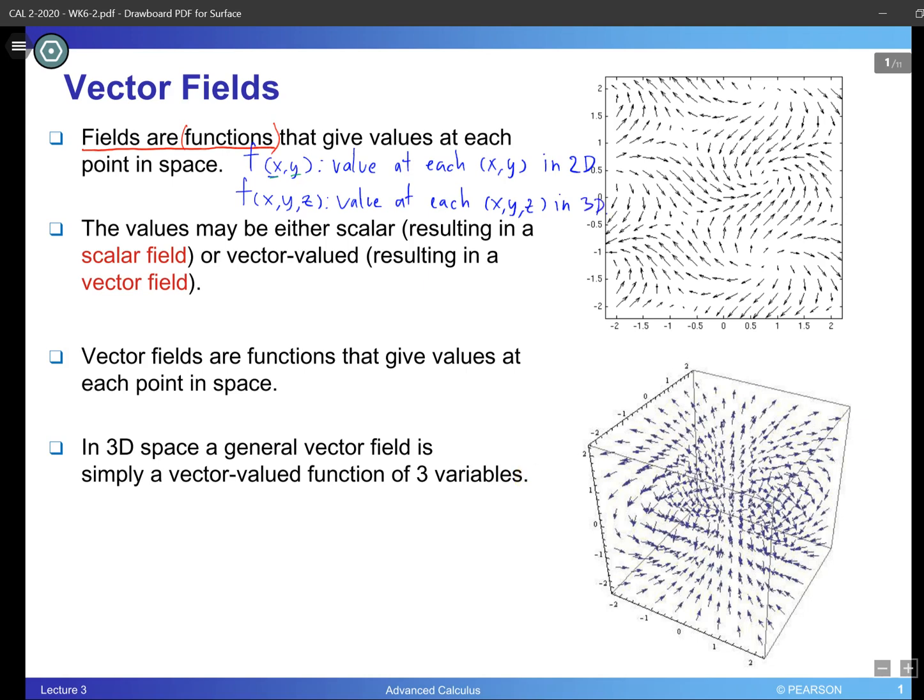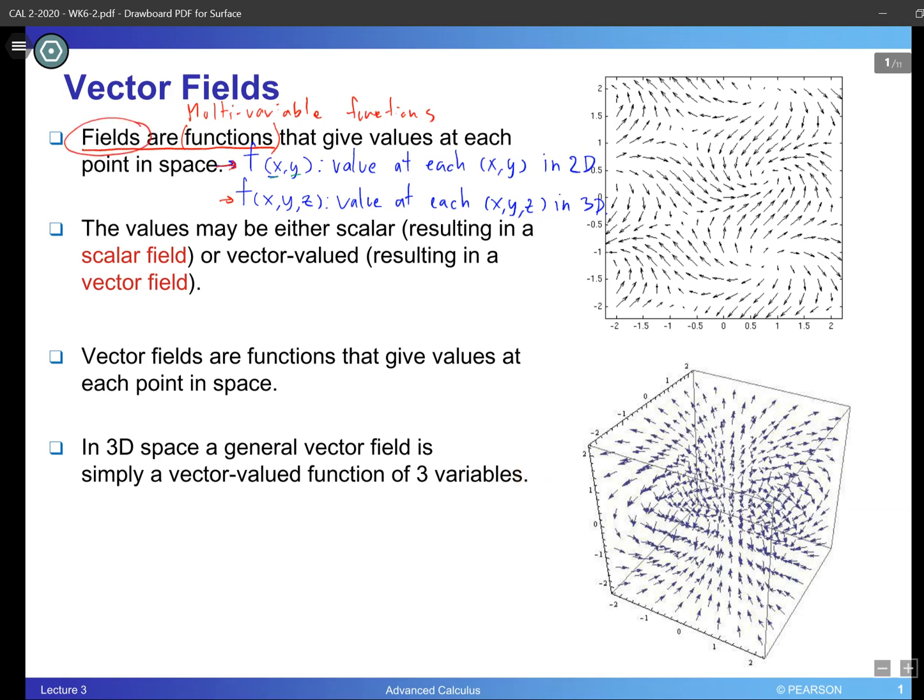So what you are looking at here is the concept of fields. In the end, fields are functions, and make a note right here, they are multi-variable functions. It's just the way that we look at them differently that makes them fields. So there you go, the concept of fields.